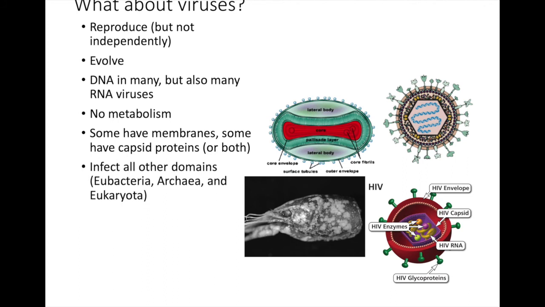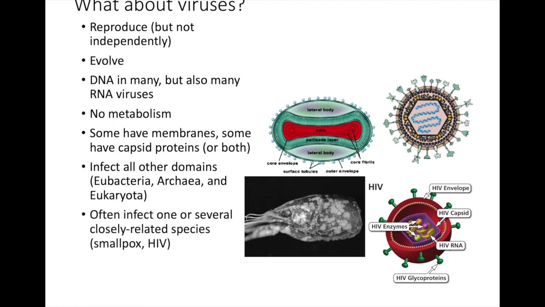All domains, the bacteria, the archaea, and the eukaryote, are all affected by viruses, different kinds of viruses. Where the viruses come from is still somewhat open to debate, but they are a very unusual group of self-replicating molecules that need to invade other cells to make copies of themselves.